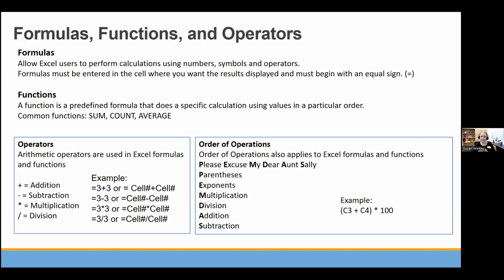Okay. Any questions about that part? I know it can be a little confusing, but basically addition, subtraction, multiplication, and division are all the operators that you can use for Excel. Okay. And they're represented by the plus, the minus, the asterisk, and the forward slash. I don't see any questions so far.